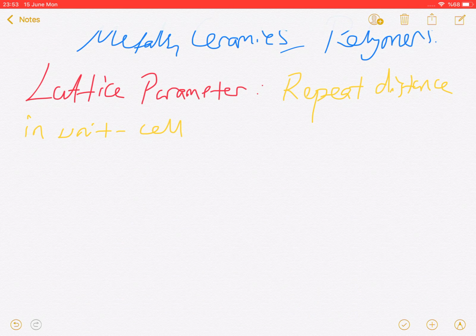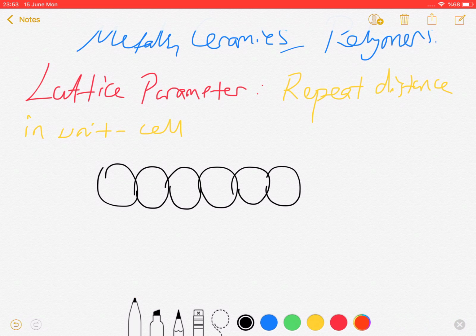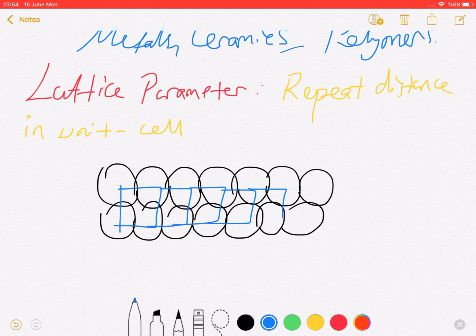I would like to draw the circles again, and start to put connections between them. Okay. So it seems like 2D, two-dimensional, right?